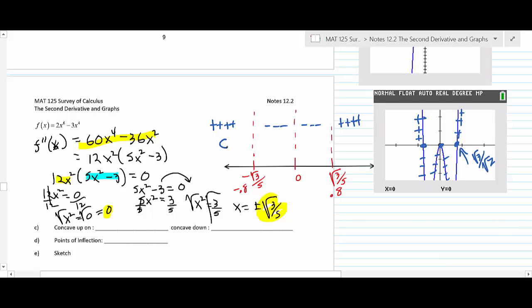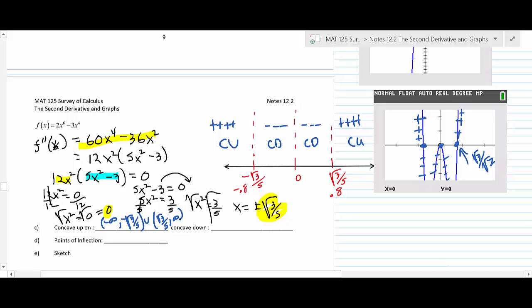It's going to be concave up here and there, and concave down there and there, like that. So what are we going to say for concave up? Go ahead and use the root, don't use the 0.8. Say negative root 3 over 5, union root 3 over 5, comma, infinity.